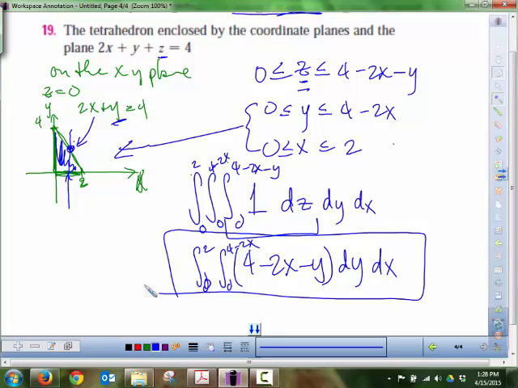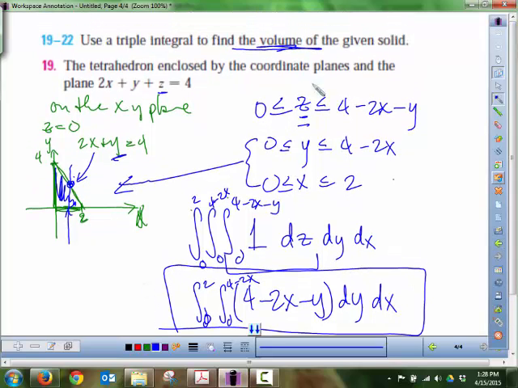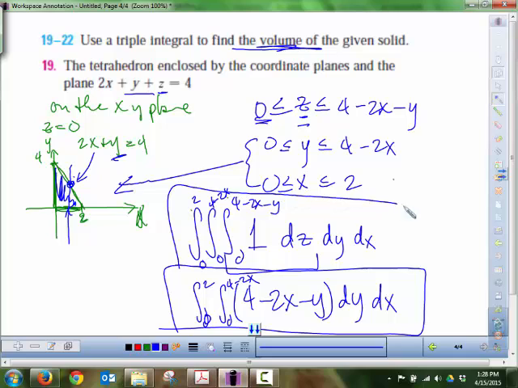So what Jason was trying to say was, instead of doing this using a triple integral, you could have used a regular double integral if you knew that the plane is on top and the xy plane is on the bottom, and you know the region. Then this is just a double integral setup. We set this up like a triple integral and then I integrated the inside once.